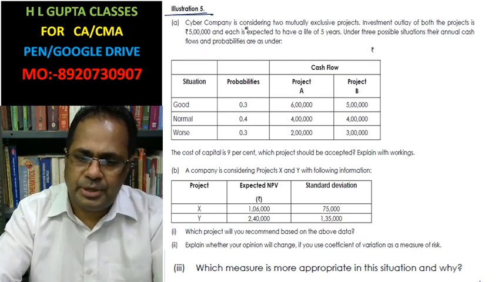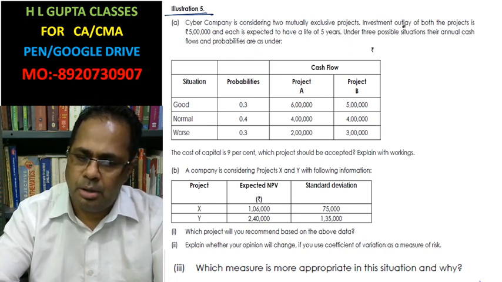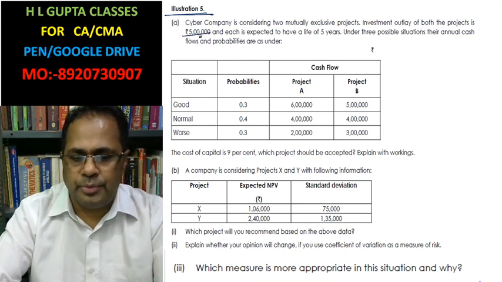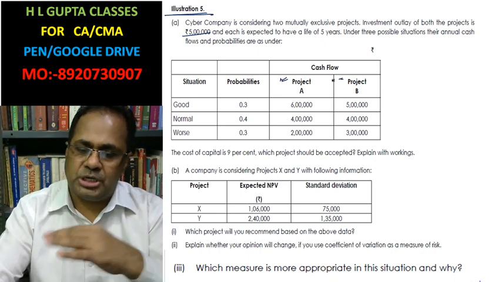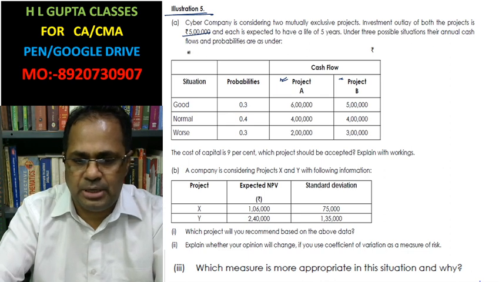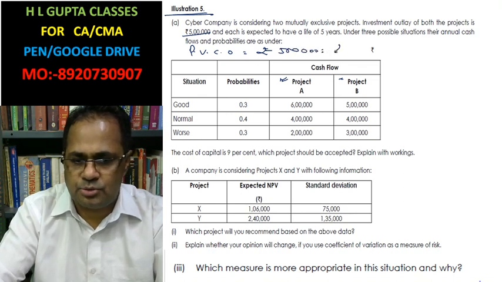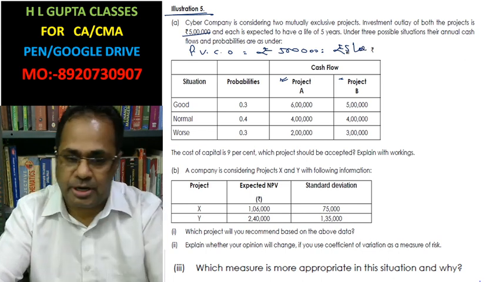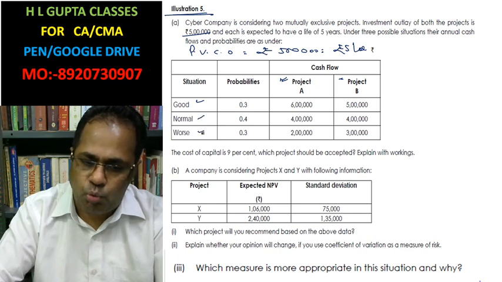A cyber company is considering two mutually exclusive projects, project A and project B. Both projects have the same investment, that is, the present value of cash outflow is rupees 5 lakh. And the probability distribution is given for good, normal and worse.